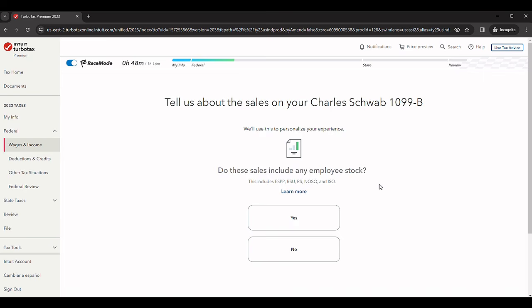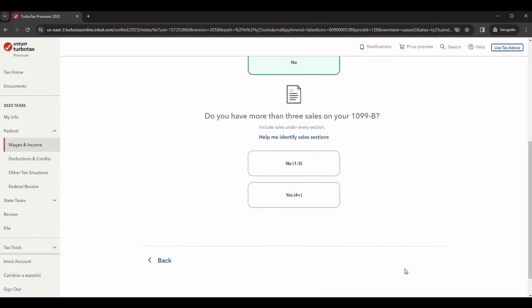These are not things that you're going to be buying and selling in your brokerage accounts like an everyday investor. These are connected to your work. So if these things do not sound familiar to you, like employee stock purchase plans, then this is not going to be applicable to you. So we're going to say no. We're talking about you just casually, as an investor, buying and selling stock on the open market. So none of those apply.